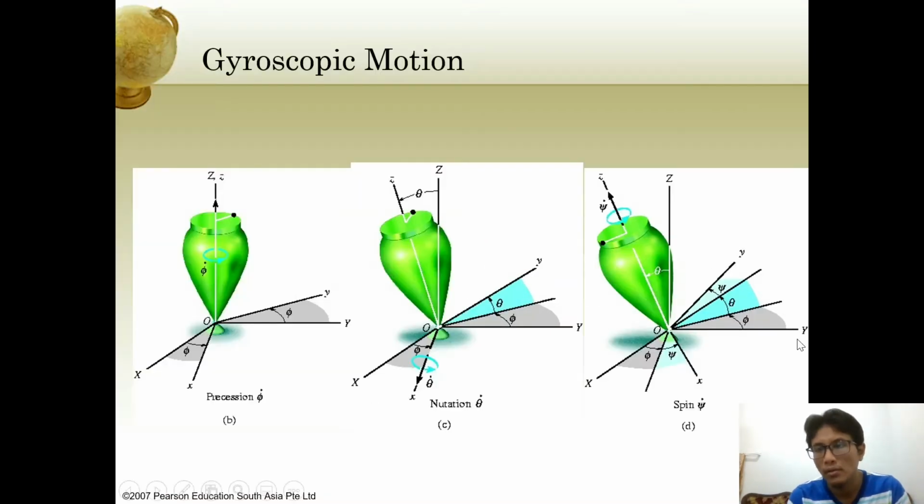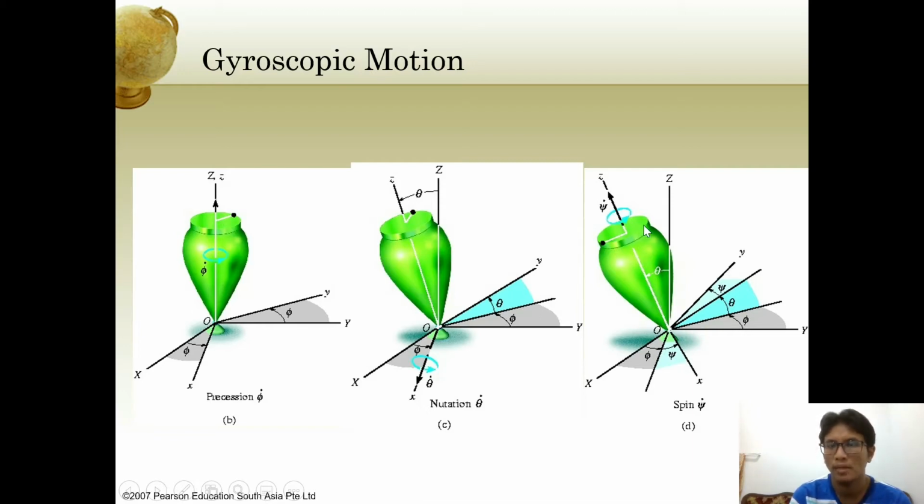If you look right here, this z-axis and this y-axis are perpendicular, which is 90 degrees apart. So if you look at this rotation, which has the speed c dot, this is perpendicular to the y-axis, so there's no effect to the y-axis.